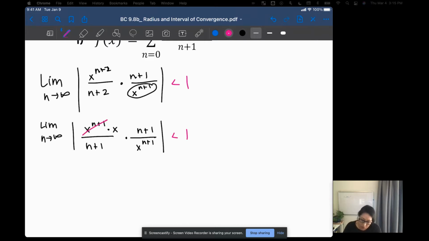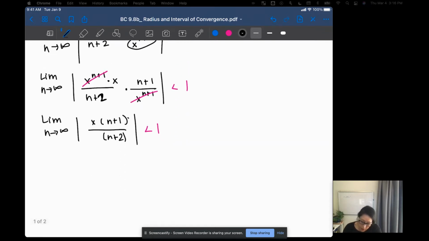Those cancel, leaving me with the limit as n approaches infinity of the absolute value of x times n+1 over n+2, which is less than 1.